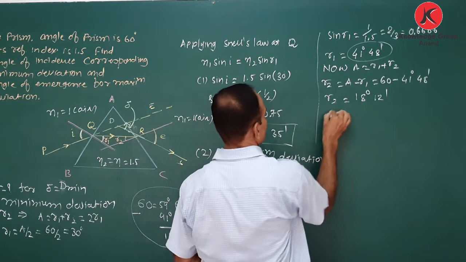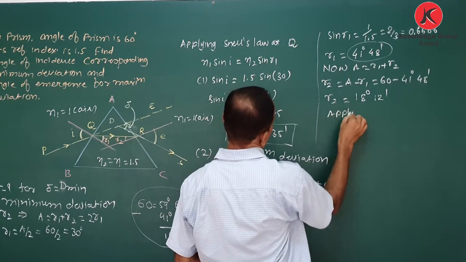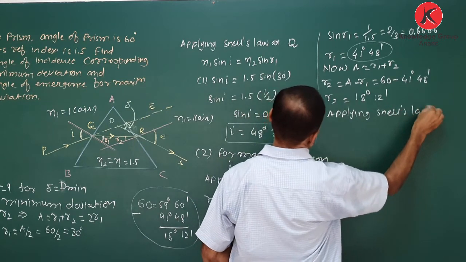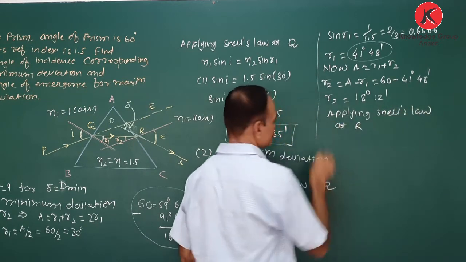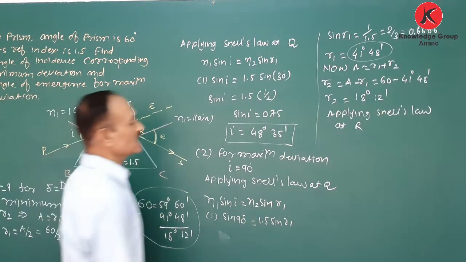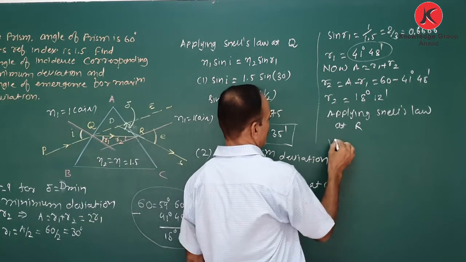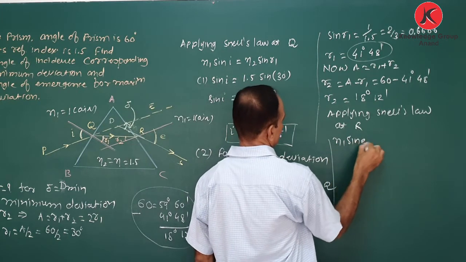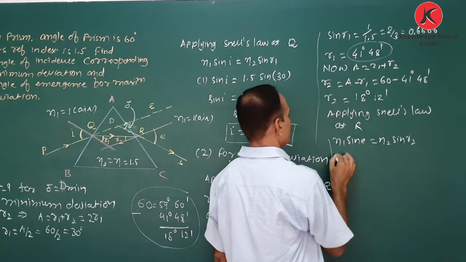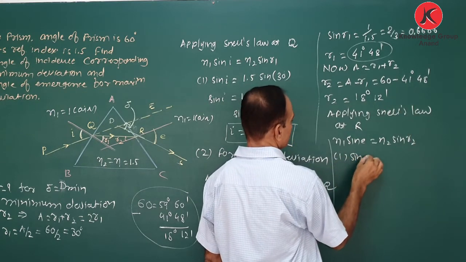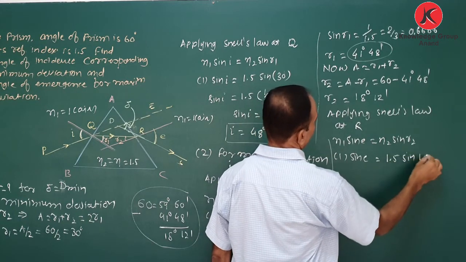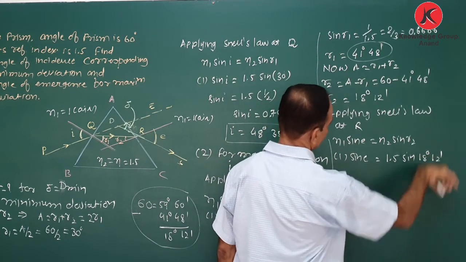Now applying Snell's law at point R. n1 sin e is equal to n2 sin r2. n1 is 1, so sin e is equal to n2, 1.5, times sin 18 degree 12 minute.